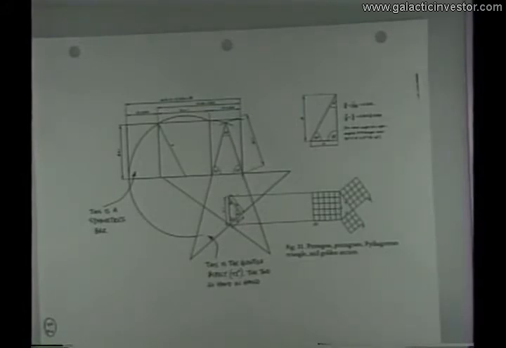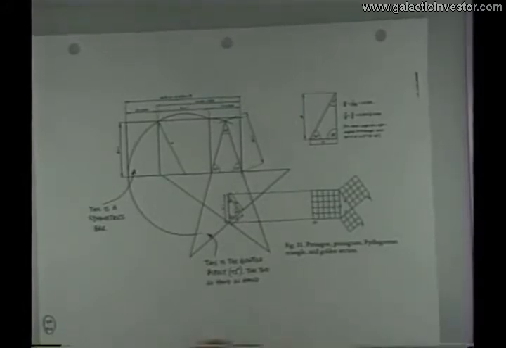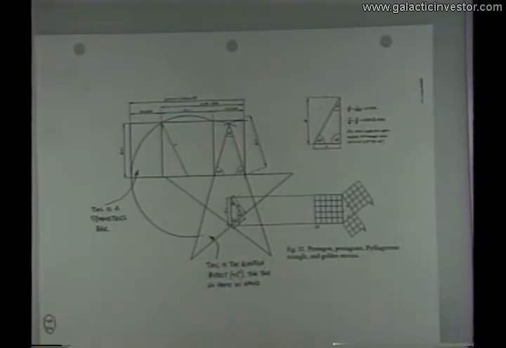And the next chart just shows in a more complex way how the fifth harmonic fits in with the golden mean, which is the Fibonacci expansion, and the Pythagorean triangle, etc., etc.